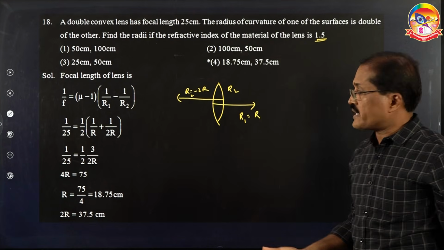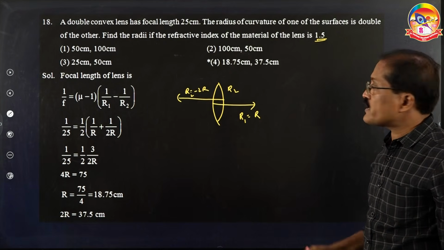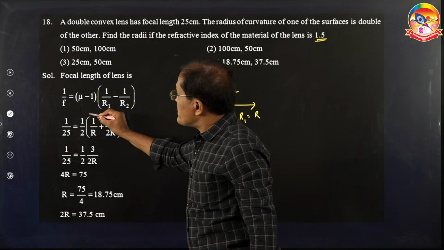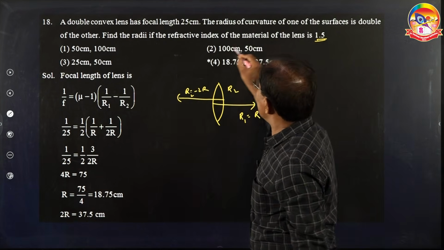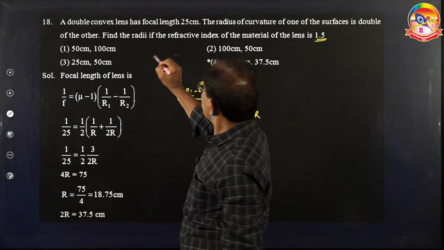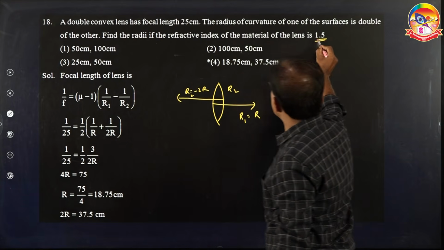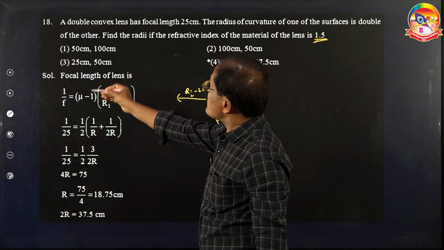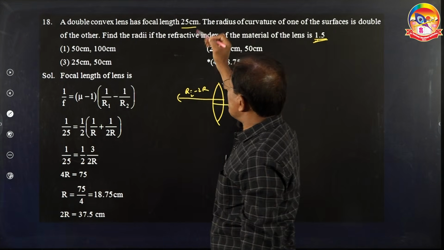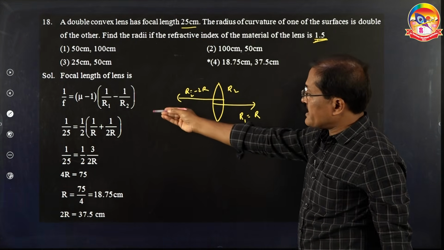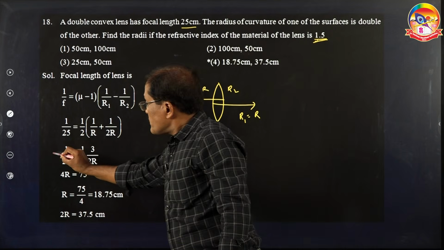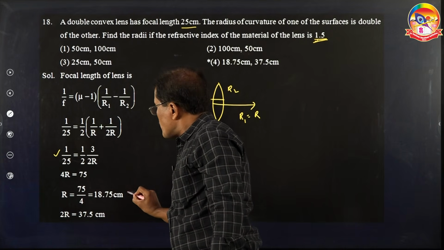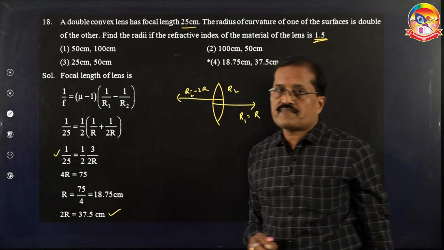And how to find out the radius of curvature? Accordingly we can calculate, because the mu value is given, children. Mu is equal to 1.5, the refractive index of material of the lens. So, you can substitute here 1 by focal length, which is given here as 25 centimeters. From this you can substitute, I gave the clear solution here, you can check that R is equal to 37.5.